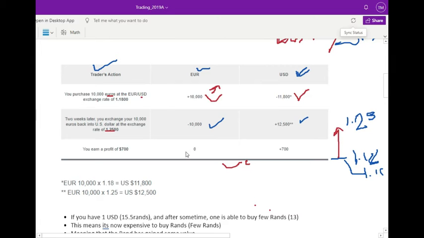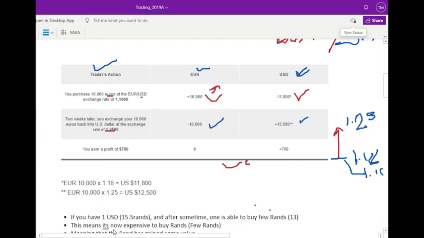So what is the first step from this table, right? We are saying 1.18, the EUR/USD exchange rate, times 10,000 euros. So we need 1.18 times 10,000 USD to buy 10,000 euros, right? Then after two weeks the exchange rate is now 1.25 times this.